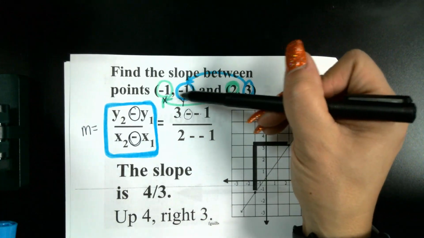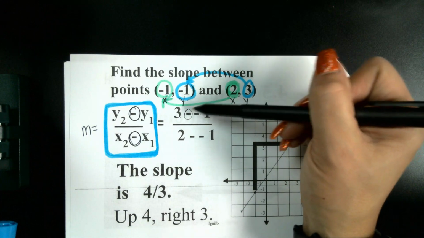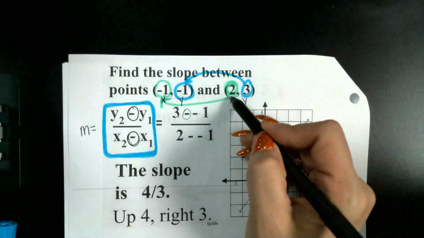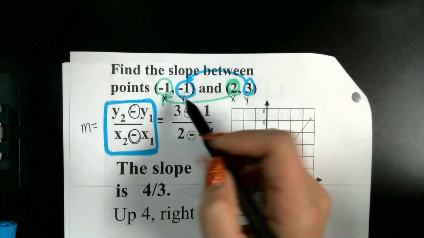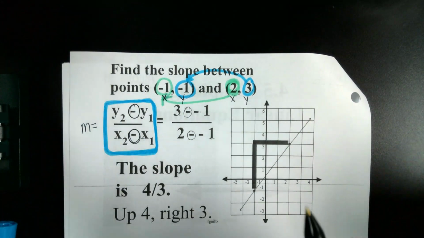You can't drop this symbol just because there's already a minus sign there. You would just have a minus and then a negative. Same thing on the bottom. They put the 2 first, then they immediately put the minus sign, and then they plugged in the first x, which was also -1. Okay, so do me a favor, pick up those calculators.